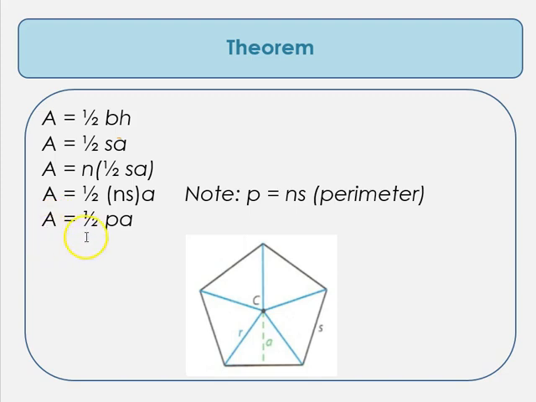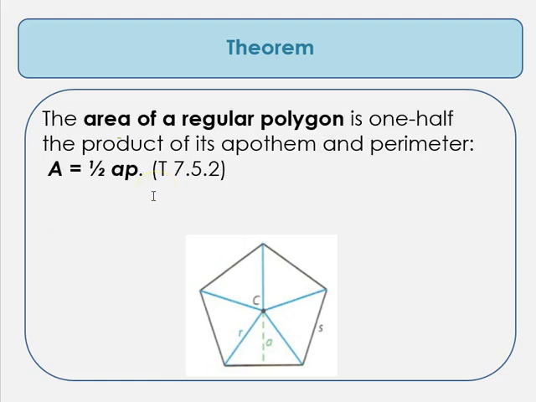And this leads us to the formal formula of 1/2 PA. So you're really now doing 1/2 the perimeter of one of the triangles times the apothem. This leads us to the actual formal theorem. The area of a regular polygon is 1/2 the product of its apothem and its perimeter.